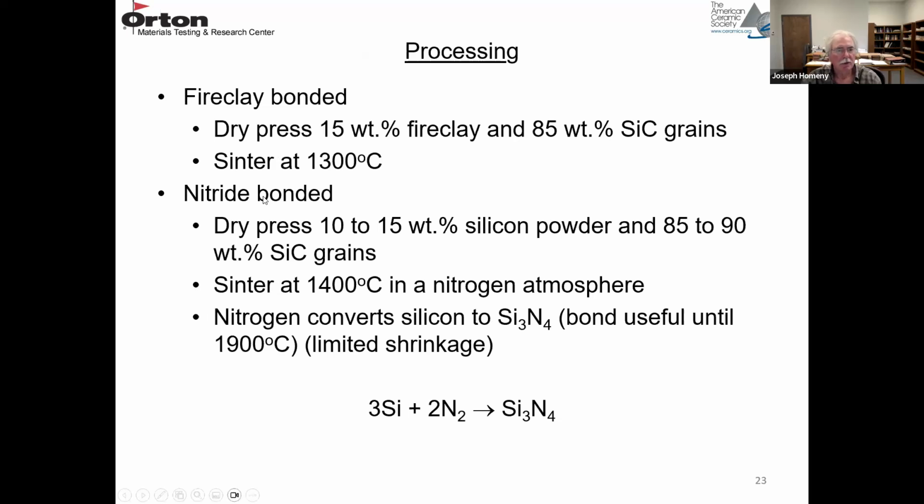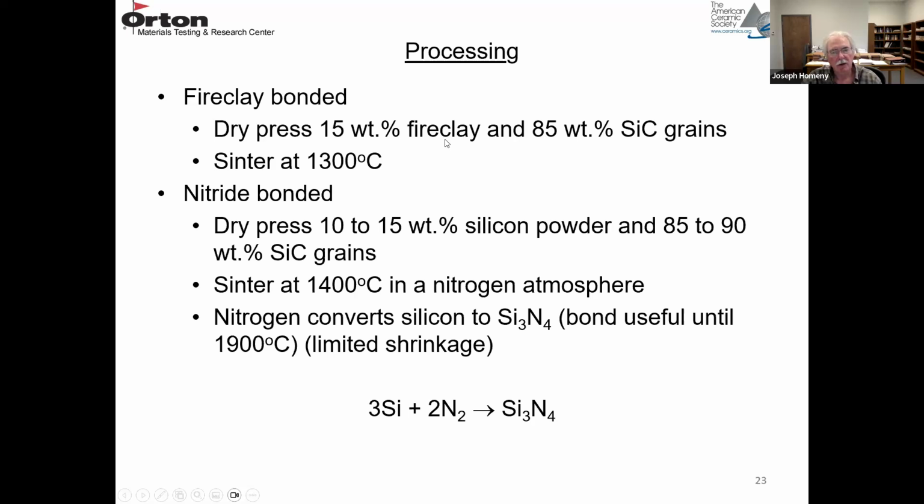So there's different ways of making a silicon carbide refractory. One is fire clay bonded. This is similar to the fire clay bonded carbon. So it's a dry pressing process. You basically have about 15 weight percent of fire clay. You mix it with about 85 weight percent of silicon carbide.